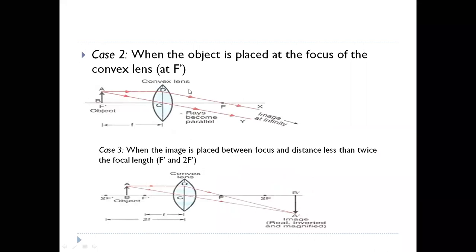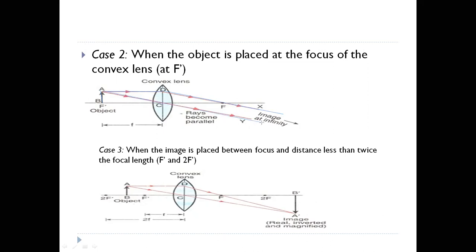Now move to the second one. When the object is placed at the focus of the convex lens, there is always a relation between the focus and infinity. So when the object is at the focus, a ray which is parallel to the principal axis passes through F after refraction, and the ray which passes through the optical center goes straight.